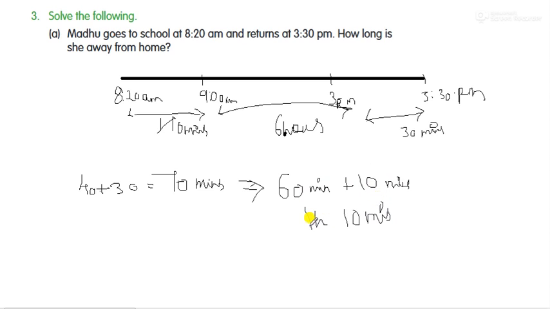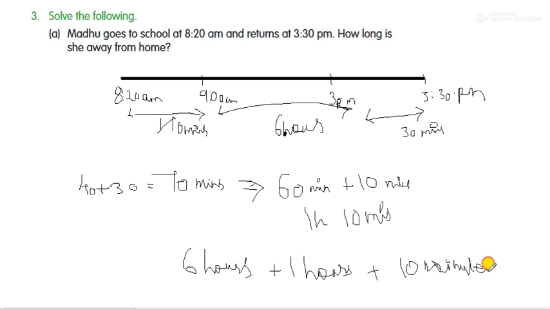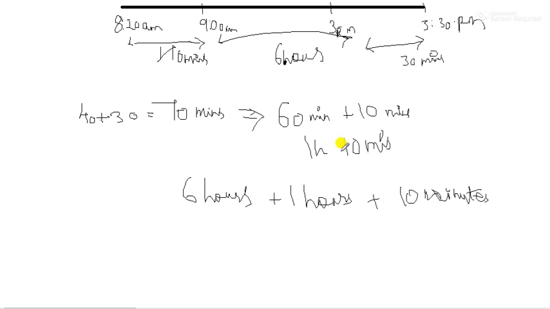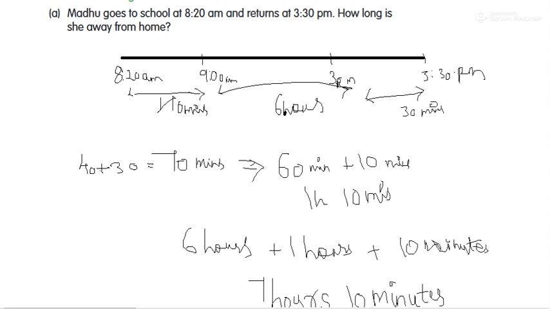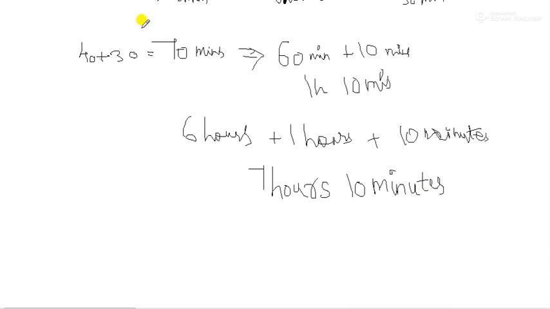Now add 1 hour plus 6 hours plus 10 minutes. So here 6 plus 1 is 7 hours, 7 hours 10 minutes. So here Madhu is away from home for 7 hours 10 minutes.